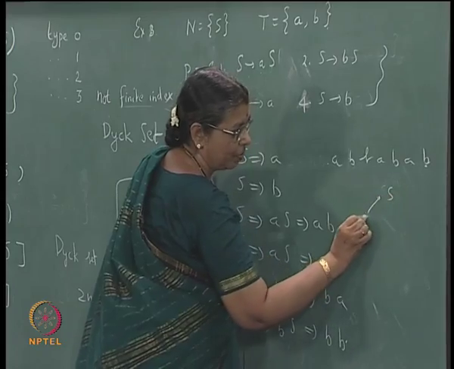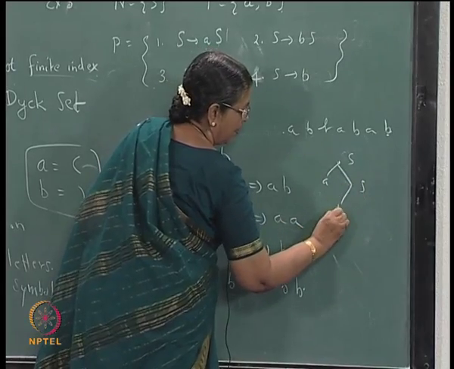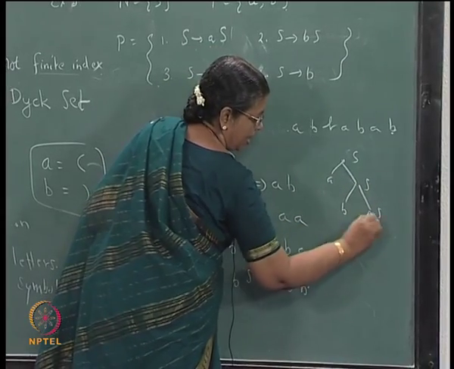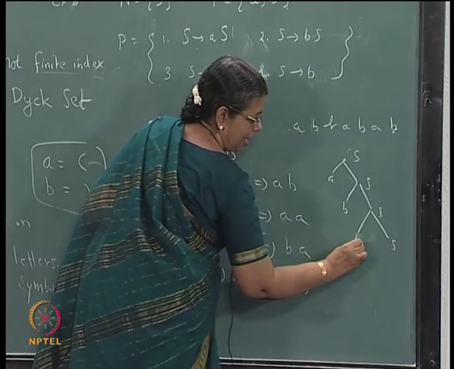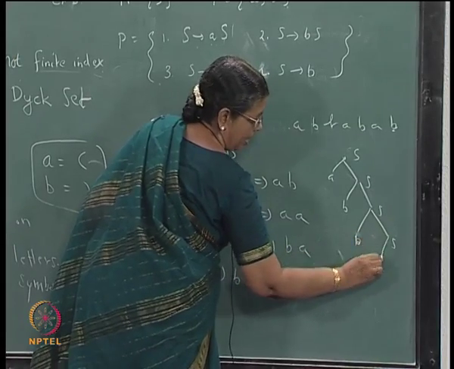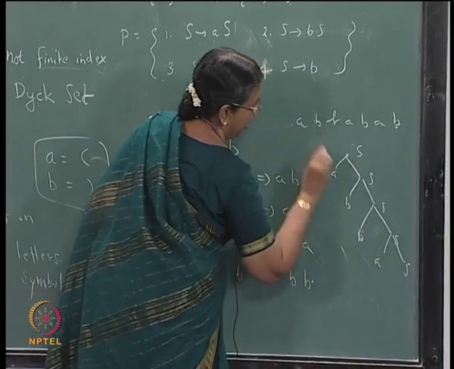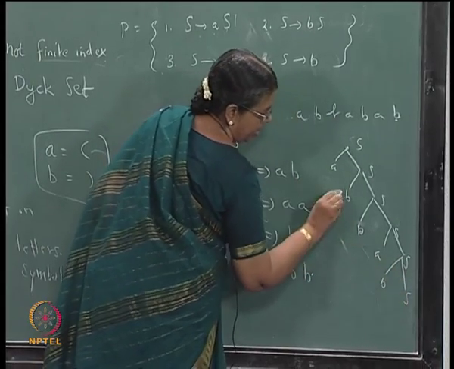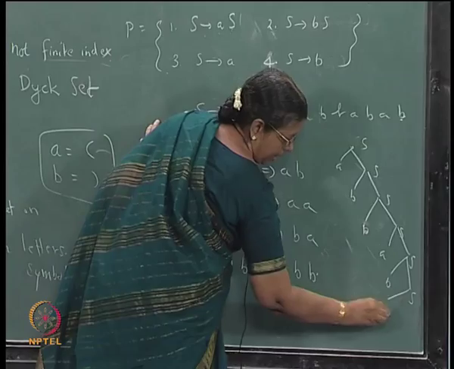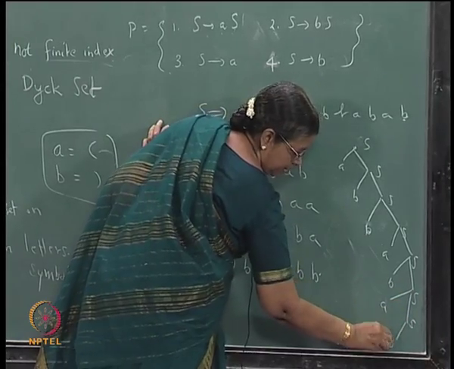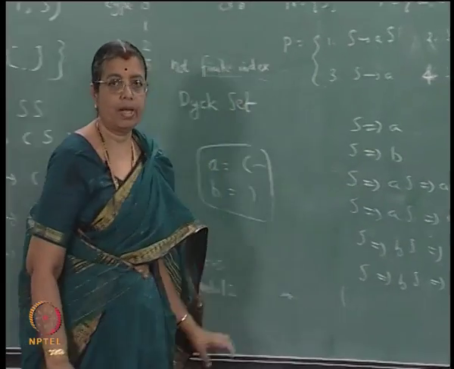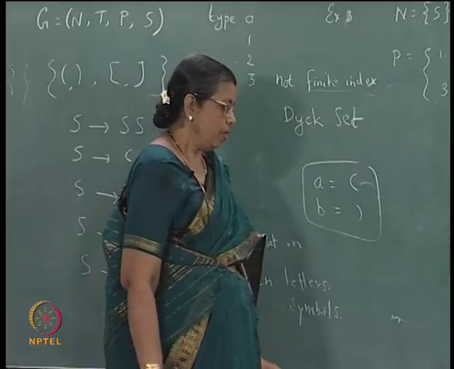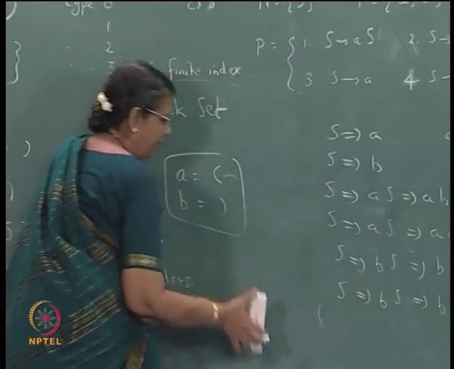For this, S goes to A S, B S, B S. It has a special structure. The derivation tree will look like this. So, any string of A's and B's will be generated.